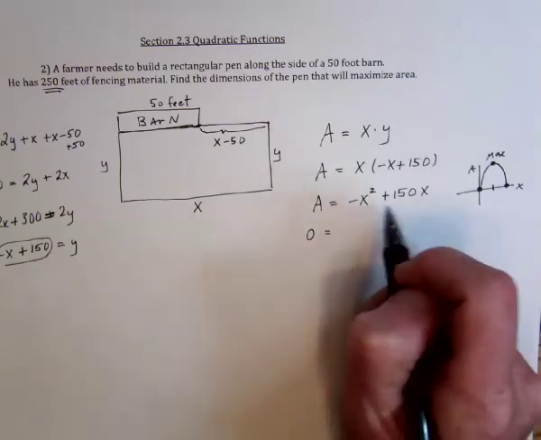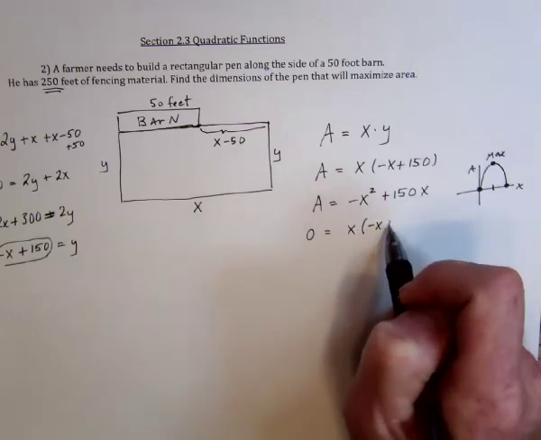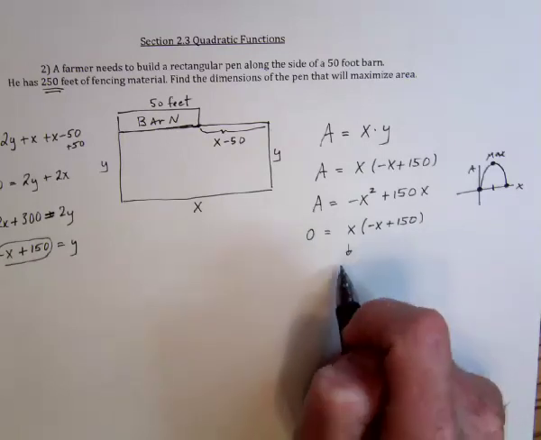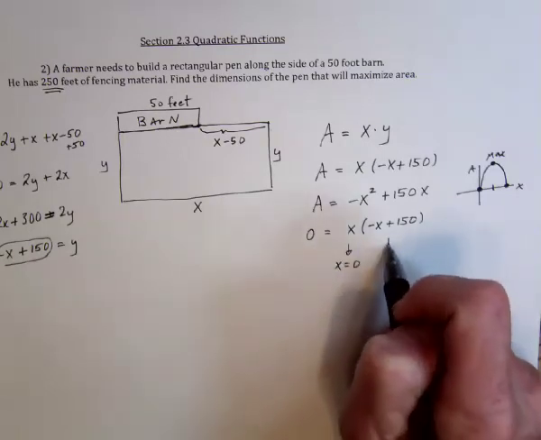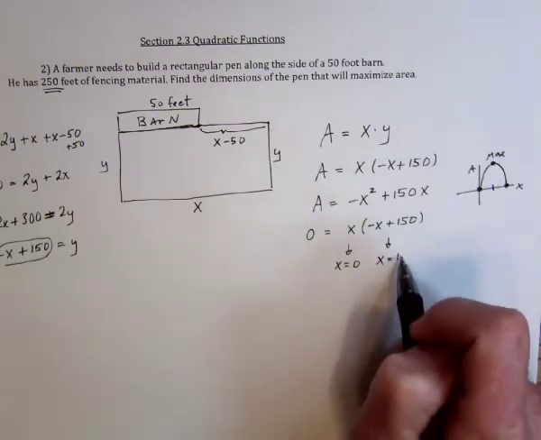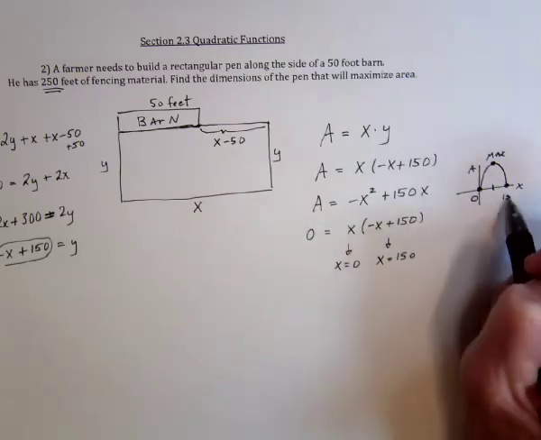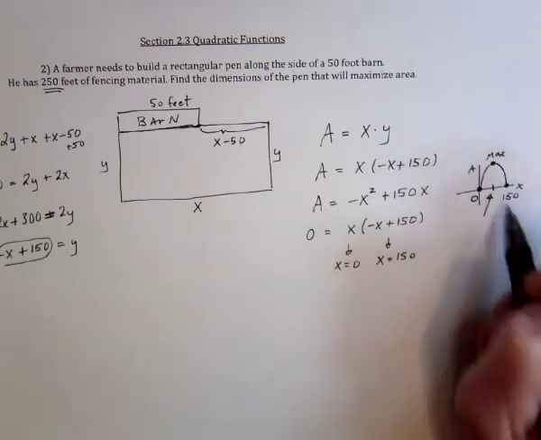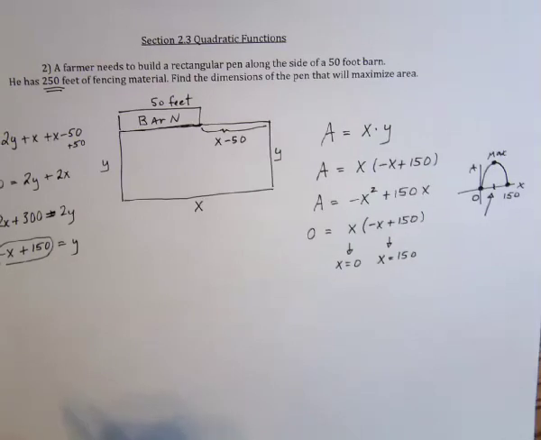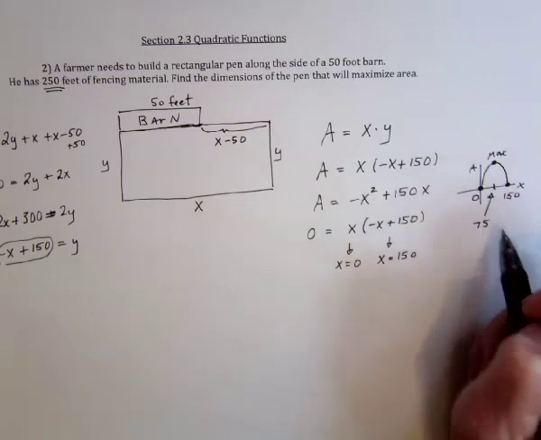So we can factor out an x, and it would leave negative x plus 150. Then set each of these equal to 0, so you'd have x equals 0. Setting this one equal to 0 is going to give us the solution that x is equal to 150. So this is at 0 and this is 150. And then halfway in between 0 and 150 would be half of 150, which is 75.